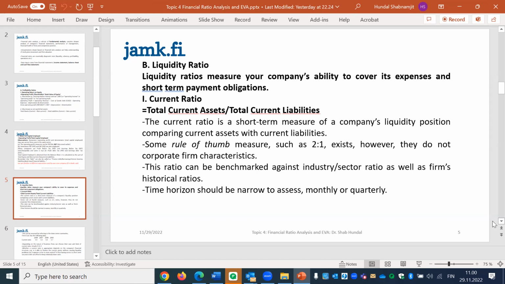Liquidity is a very important thing, because you can be a multi-million-dollar company, but if you don't have money to pay the salaries of your staff, you don't have money to pay for the rent or taxes, it can bring a lot of reputational loss to the company. So therefore, liquidity means your immediate paying capacity.